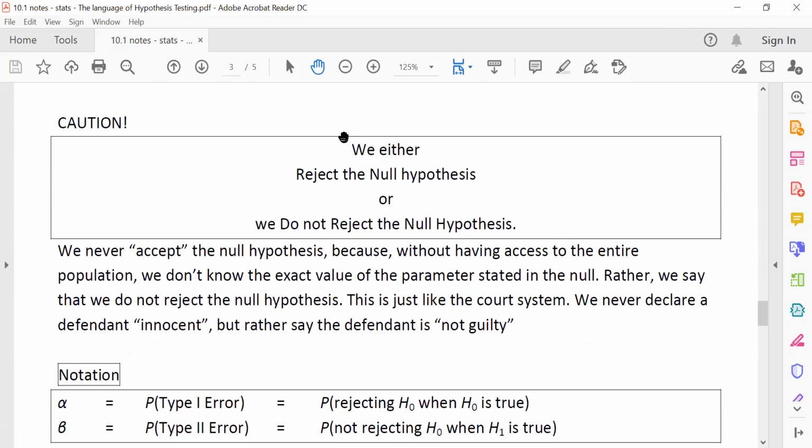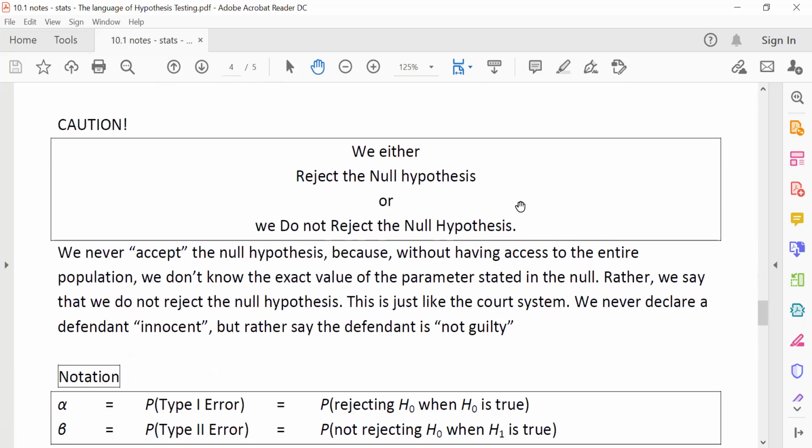So again, there's 2 outcomes to a hypothesis test. We either reject the null hypothesis, or we fail to reject, or we do not reject the null hypothesis. We never accept the null hypothesis. There's a couple reasons why this is established like this, but you don't just accept it, because if you accept the null hypothesis, you're saying, oh well, the book is closed on it.